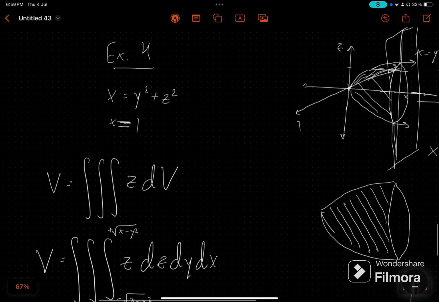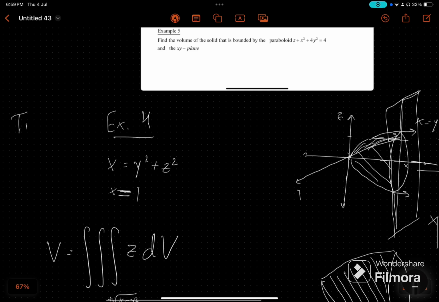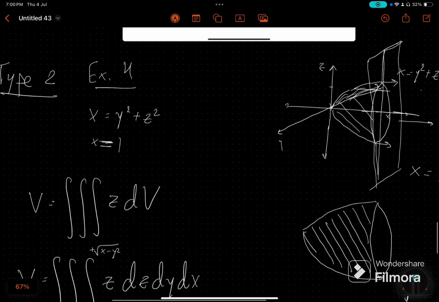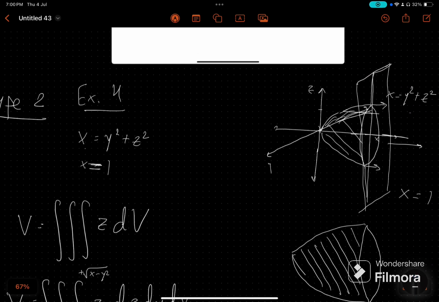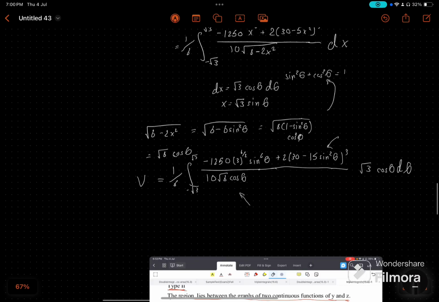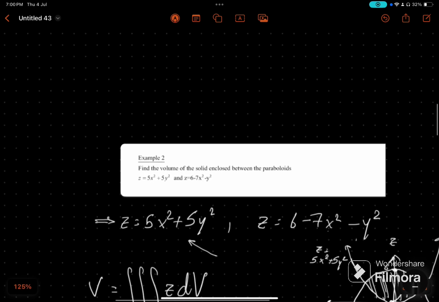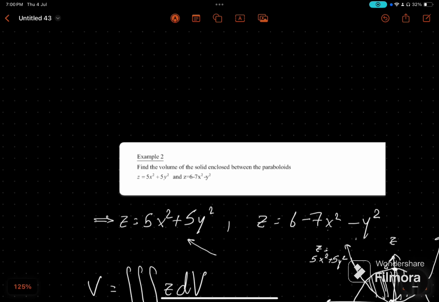Okay, so why is this called a type 2 region? Let's understand why. A type 2 region is called that because the function is in terms of x. A type 1 region, which we did a couple of examples of, was in terms of z.